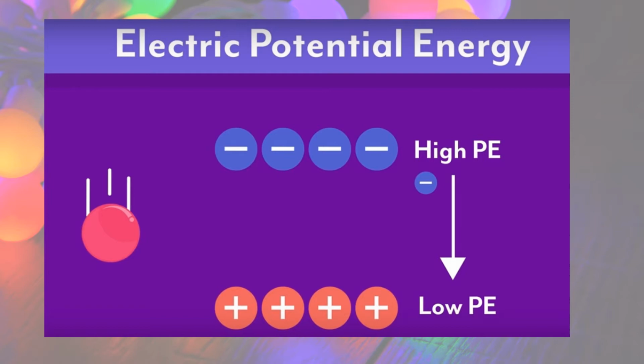Here also we can say that electrons, when they are held together, possess high potential energy, and when allowed to move, they will be attracted towards the positive, or they will move from high potential energy to low potential energy.